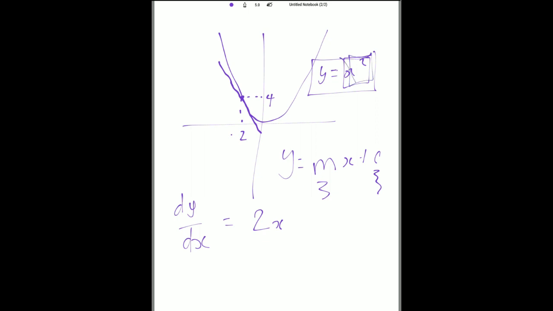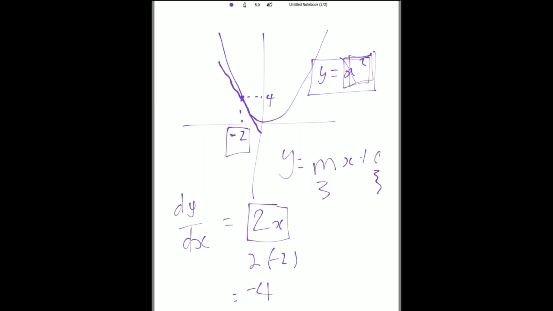Since we want to find the gradient at the point (-2, 4), we substitute this x value in the gradient function, the function of the instantaneous rate of change. So x is equal to negative 2, and it will be 2 times negative 2, which is negative 4.